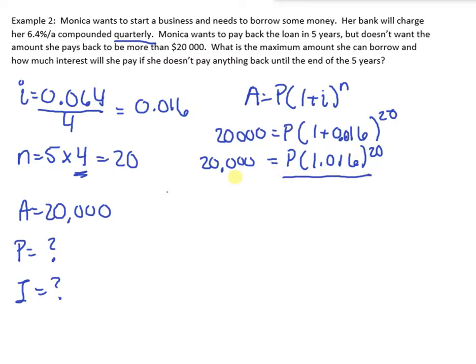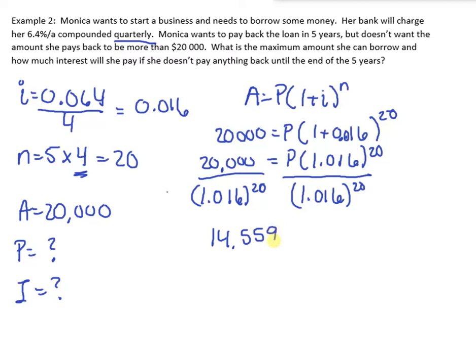And now let's divide both sides by that bracket, 1.016 to the 20. If we put in our calculators 20,000 divided by 1.016 to the 20, we get 14,559.81.